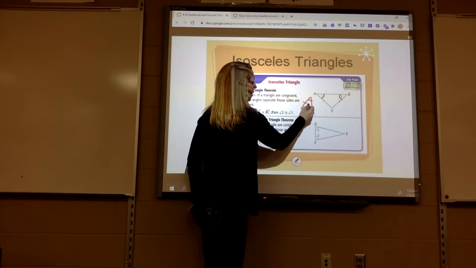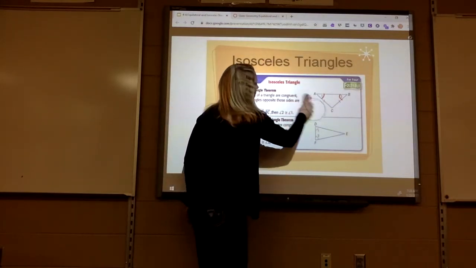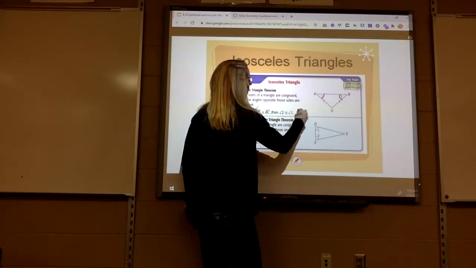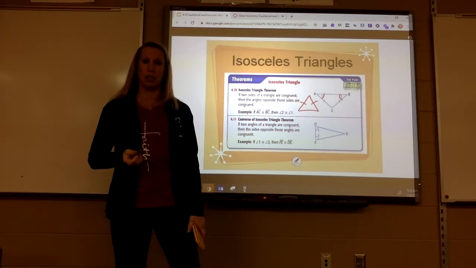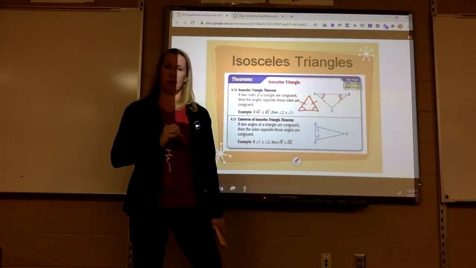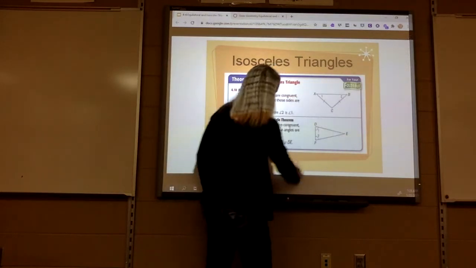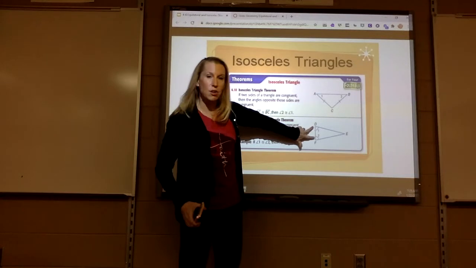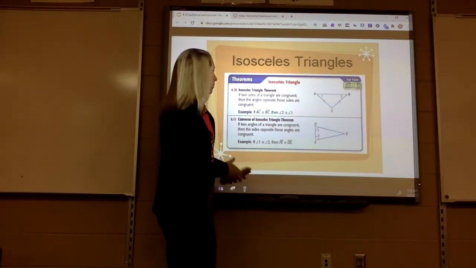So it's always those angles opposite those sides, okay? So if it's right side up, which two angles would equal each other? It would be these two, okay? And then vice versa is also true. If you know the two angles equal each other, then the two sides have to equal each other.